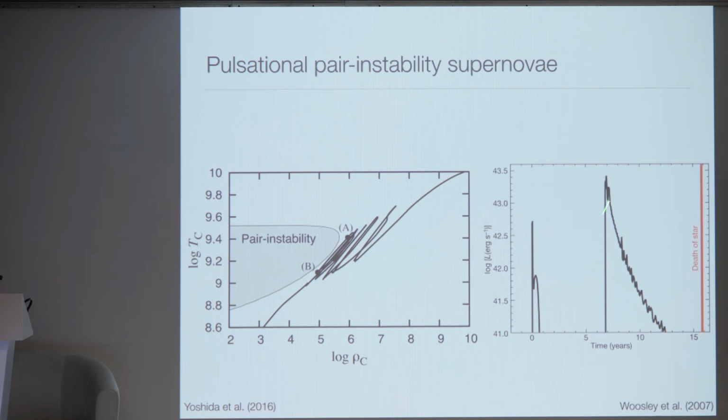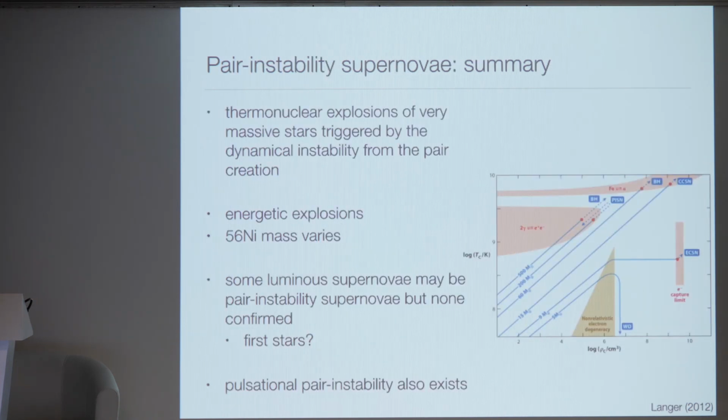So this will make some bright transients, and this is not a pair instability supernova, so this will lead to massive black hole formation, for example. So that's the end. This just summarizes what I said, and I'm running out of time, so I will stop here. Thank you very much.